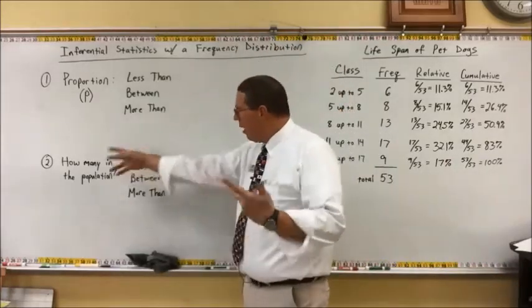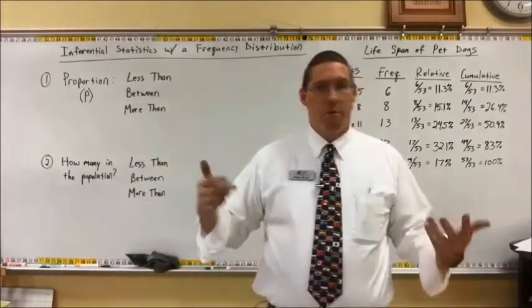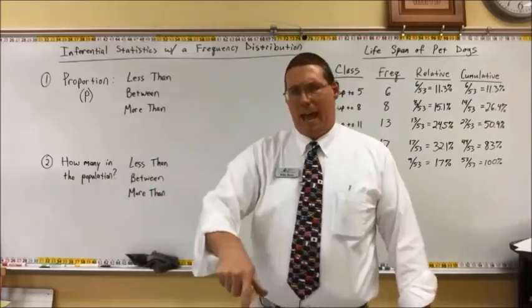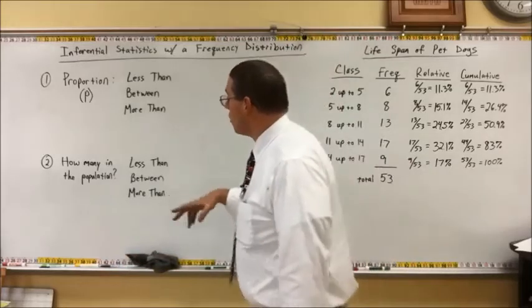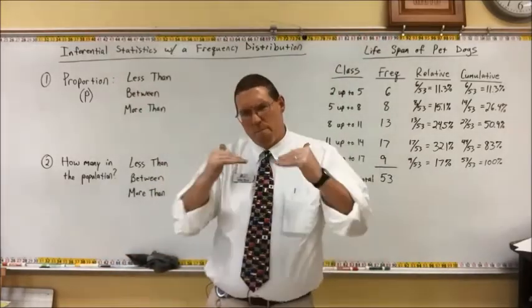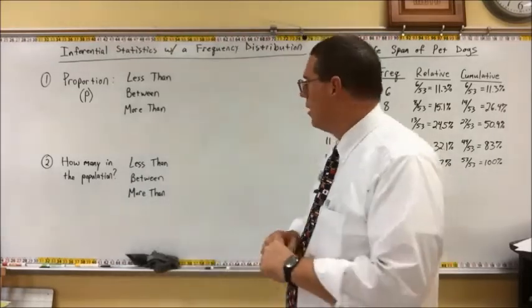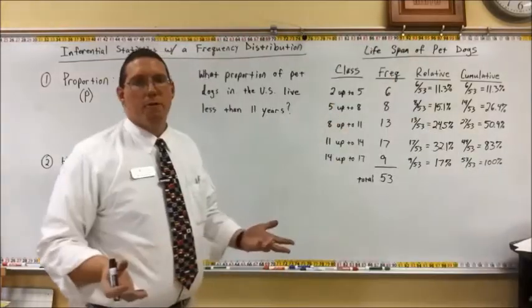Or you could ask, well, how many of all the pet dogs in the United States, the population of pet dogs, how many of them live more than 11 years? Okay? So really what we have is basically only 6 different kinds of questions at a very basic level of inferential statistics. Okay? So let's do a couple of examples and I'll write them up on the board. Okay, here's our first question.